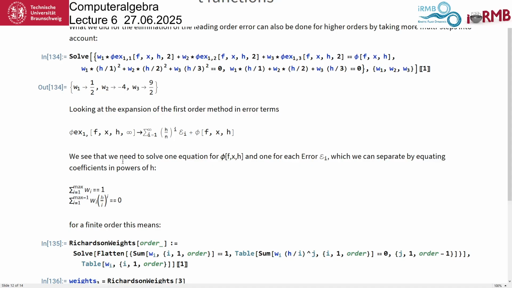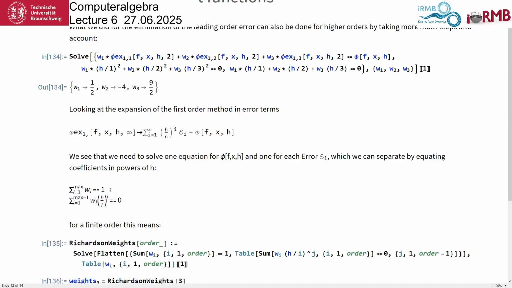So what we see is that the function that we get out of this always has the function that we want, so the f itself. So this is what we want: all the weights have to sum to 1, so that we actually get the function out.